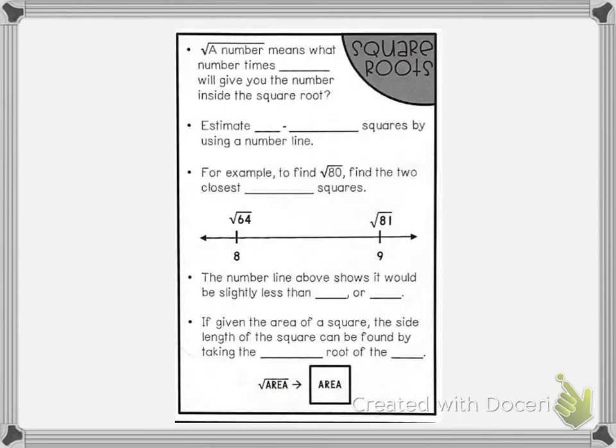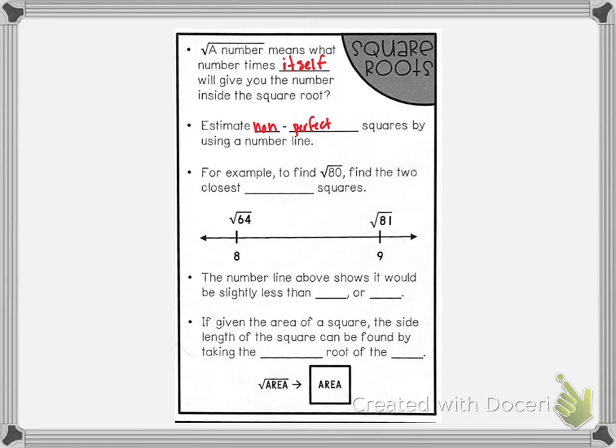A square root means that a number times itself will give you the number inside the square root. So we're going to estimate the non-perfect squares by using the number line.